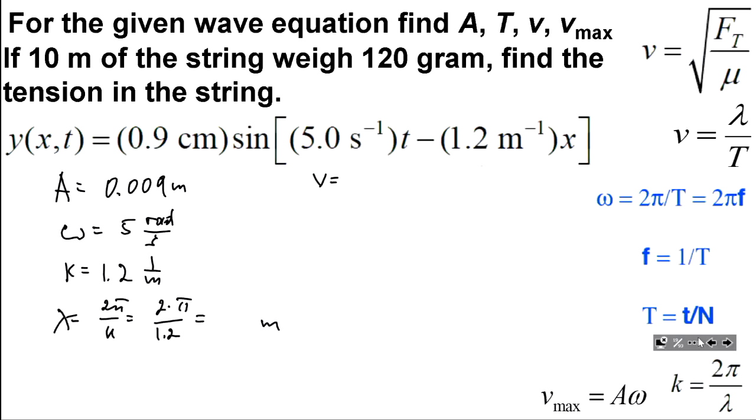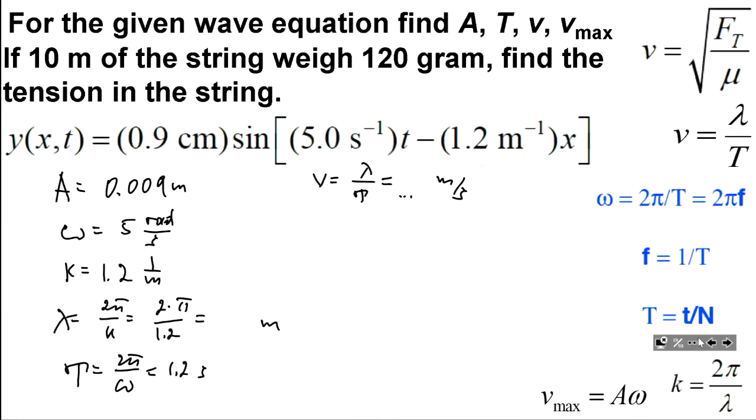The speed of the wave should be equal to wavelength over the period. Well, we know the period, 2 pi over omega, 1.2 seconds. And if we know the wavelength, we can calculate that, it's going to be meters per second.